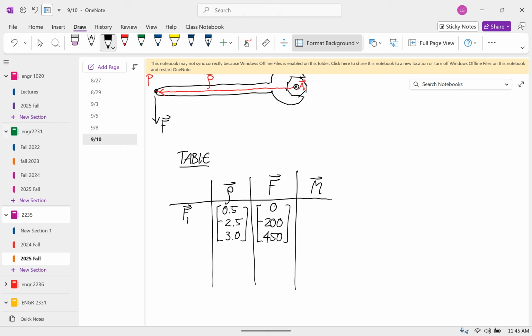I did not think this through. Ooh, but I have my calculator here. So cross product.